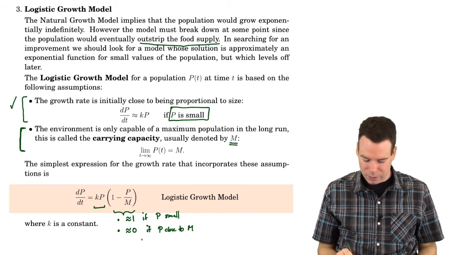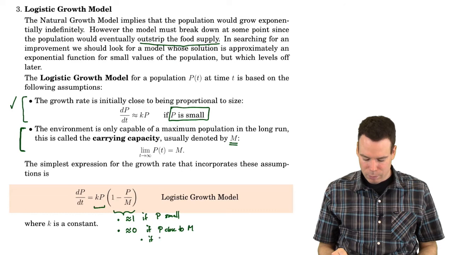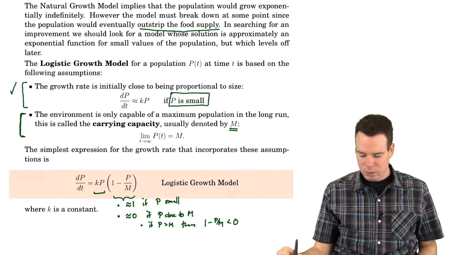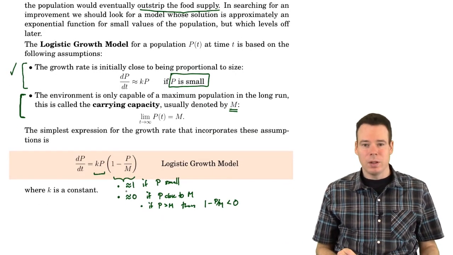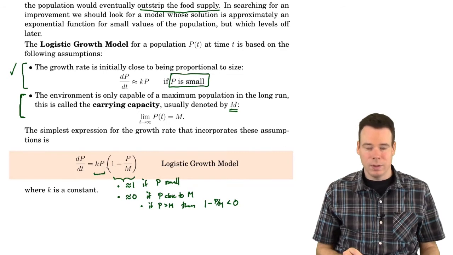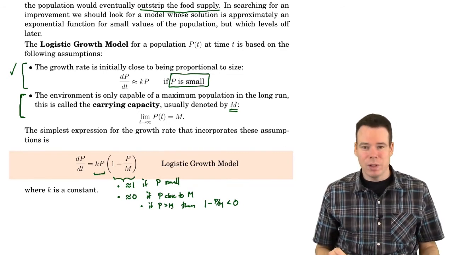Now there's some additional things to note here. If p is bigger than m, then 1 minus p over m is negative. So not only does this model say that if p is close to m, then the growth rate is roughly 0, but it says, suppose your population was slightly bigger than the carrying capacity.